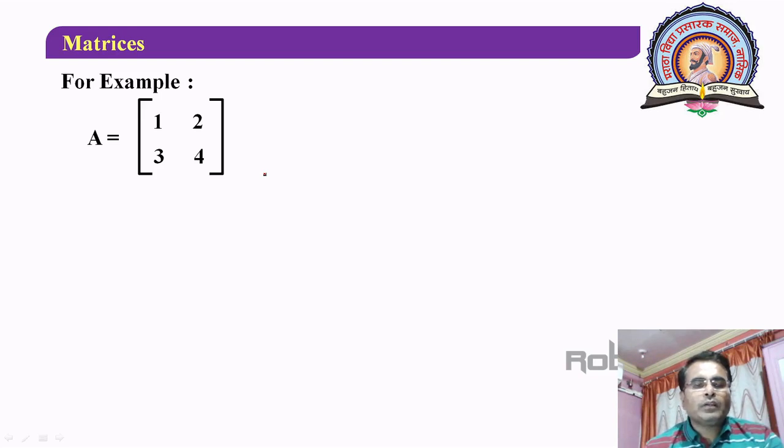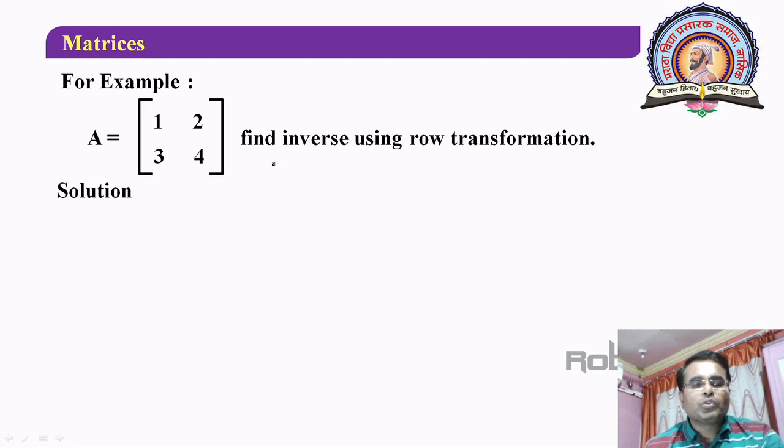First, the inverse exists if and only if the determinant is non-zero, and second, if the inverse exists, then it is always unique. Those are the two important key features of the inverse. So we are expected to find the inverse using row transformations. While considering the solution, we take A as the matrix 1, 2, 3, 4. So let us see what its determinant is.